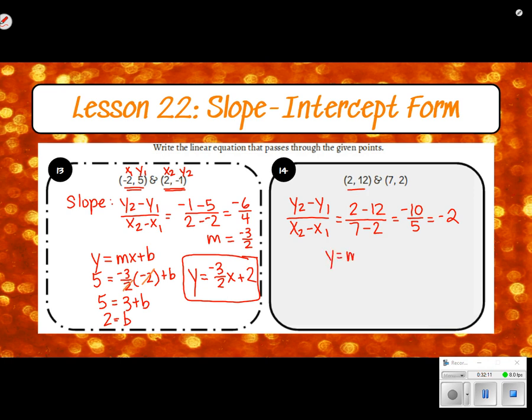Y equals mx plus b. 12 equals negative 2 times 2 plus b. Negative 2 times 2 is negative 4. Add 4 to both sides, I get 16 equals b. So I've got my slope and my y-intercept. Y equals negative 2x plus 16. There's your equation.